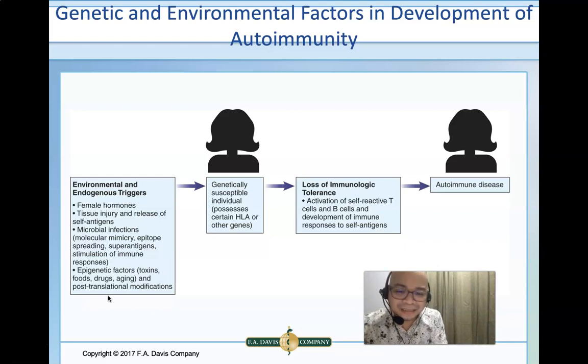Another important fact is that females have been found to have higher absolute CD4 T cells. Remember, CD4 T cells are the ones that escape central tolerance. Which means they have a higher predisposition to autoimmunity, and they have higher levels of circulating antibodies as compared to men.